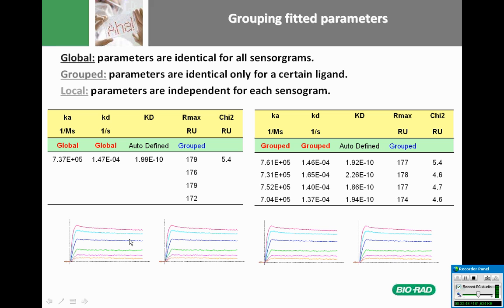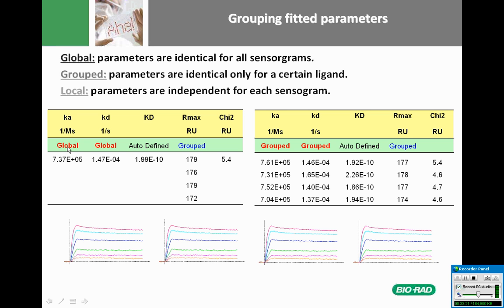For example, in this example, those sensorgrams that you can see below are the same ligand immobilized on 4 different channels, interacting with the same 6 analyte concentrations, meaning that all those 4 panels have the same Ka and same Kd. So you can tell the software, determine a Ka and a Kd, only one number for all those 24 sensorgrams, or in other words, global fitting.